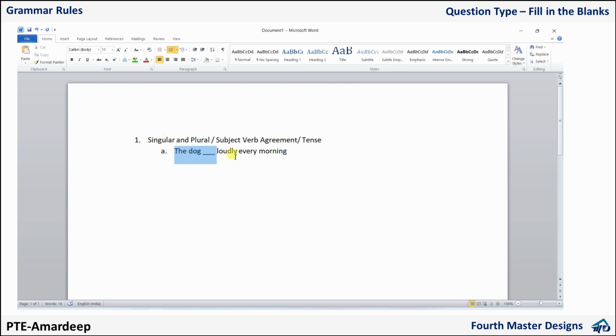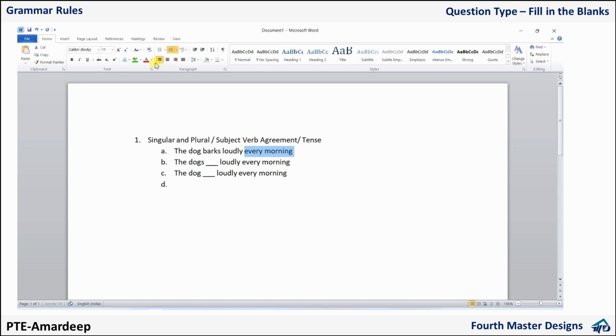Okay, then I'll write the same sentence again. So here we have, I'll go with this one, the dogs. I'll write plural here, and then I'll go with dog only. Now the dog, I will say, barks loudly every morning.